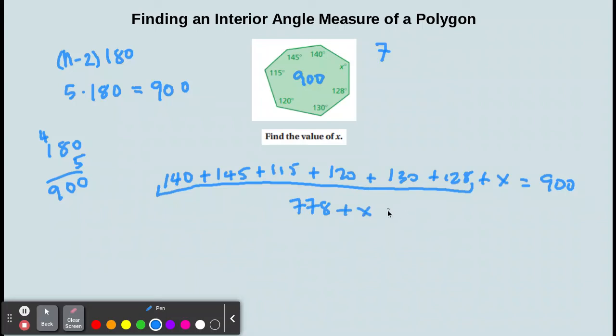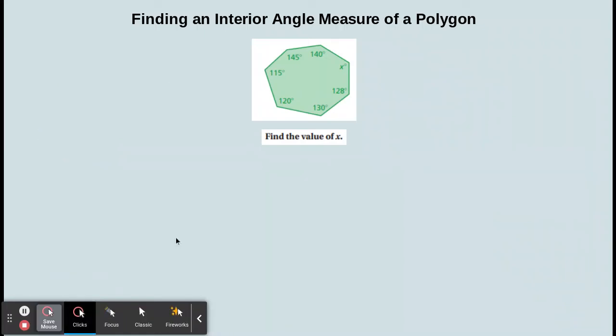So we are combining our like terms. So then our equation becomes 778 plus x equals 900. Subtract 778 from both sides so that we can isolate x. So then x equals 122.